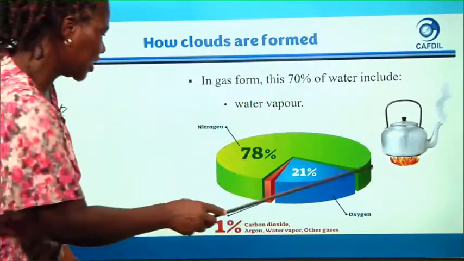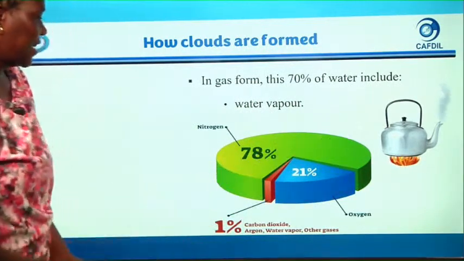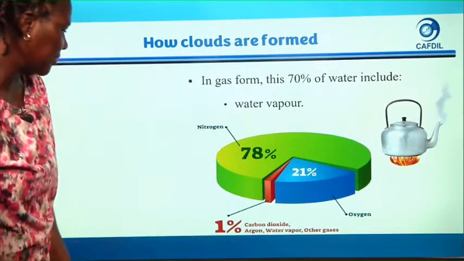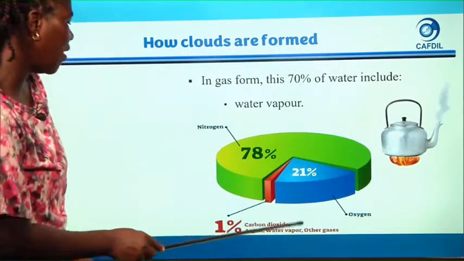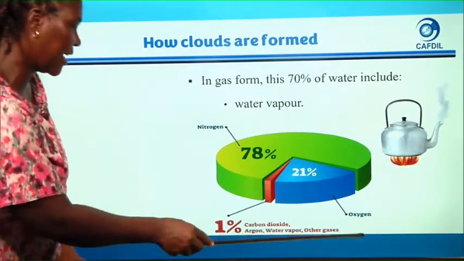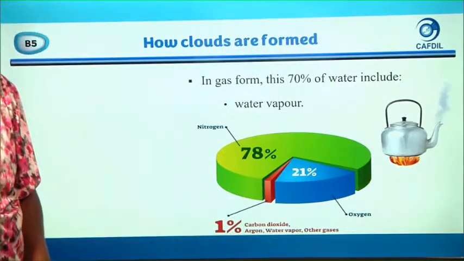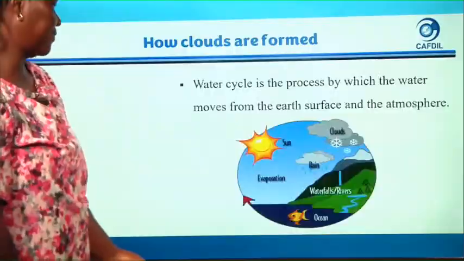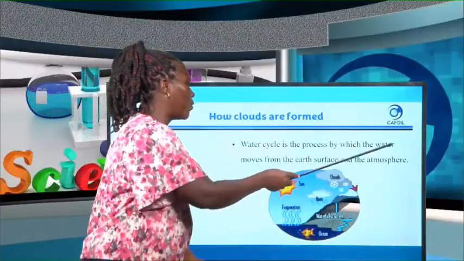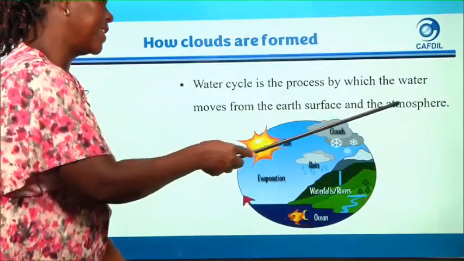If you look at the chart, we have oxygen, nitrogen, carbon dioxide, argon, other gases, and water vapor, which is very, very small. Good. Now, the water cycle is the process by which water moves between the Earth's surface and the atmosphere.